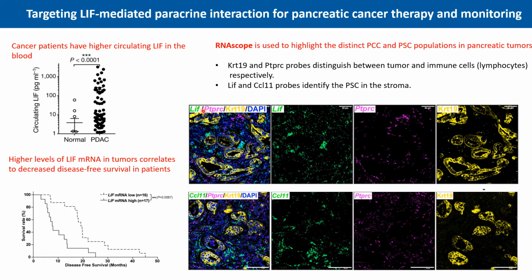Here they used the ISH-IF workflow, where they used the keratin-19 antibody in combination with PTPRC and LIF RNAscope probes. This indicates that PTPRC, which is CD45, and LIF are co-localizing in the stroma, and keratin-19 obviously marks the tumor cells, again showing that LIF potentiates tumor growth via a paracrine action.